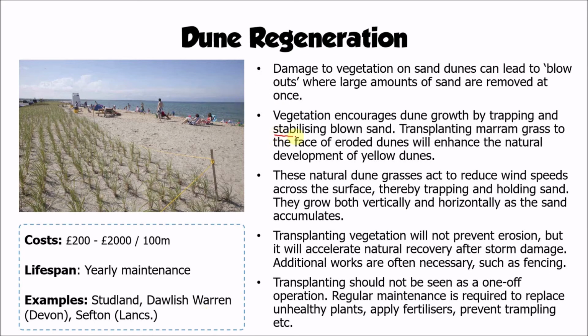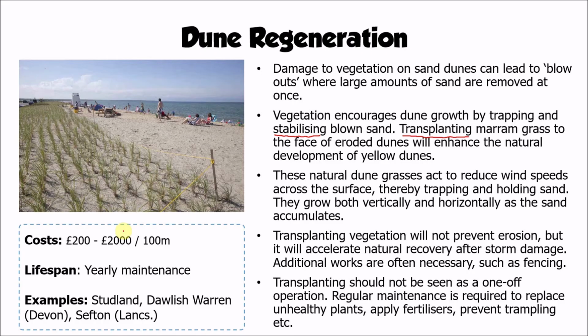This can often be done by transplanting seedlings of marram grass into eroded parts of the dune, and it will quickly allow those dunes to re-establish themselves and to grow bigger, and then the dunes act as a natural defence against erosion and flooding.